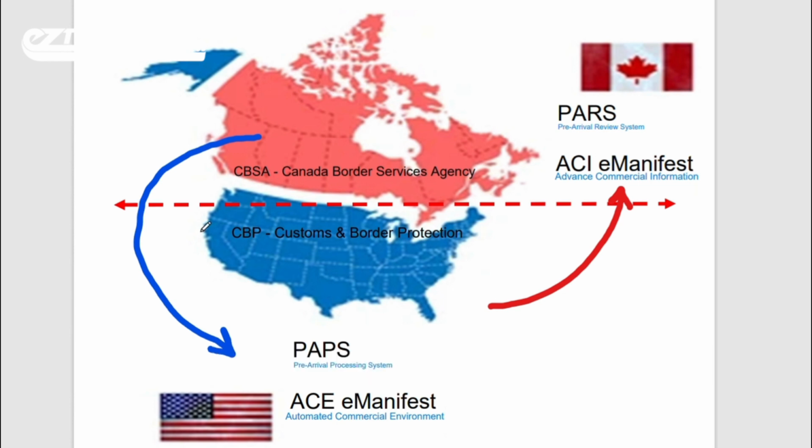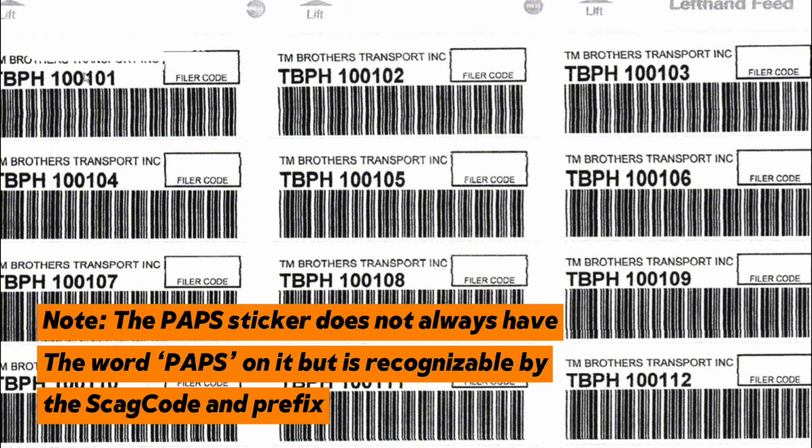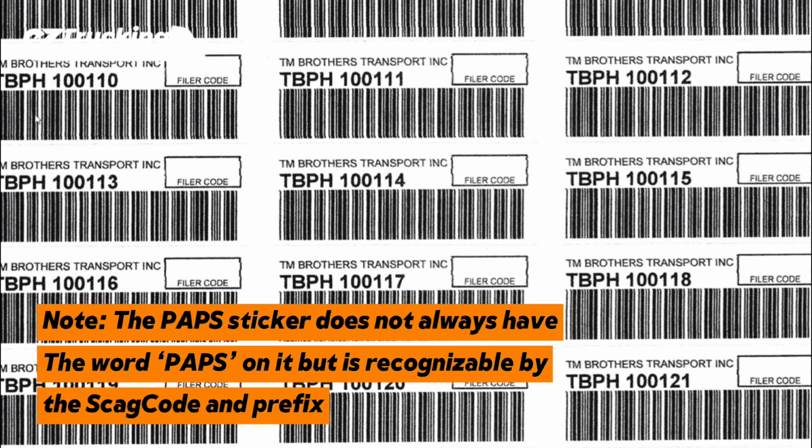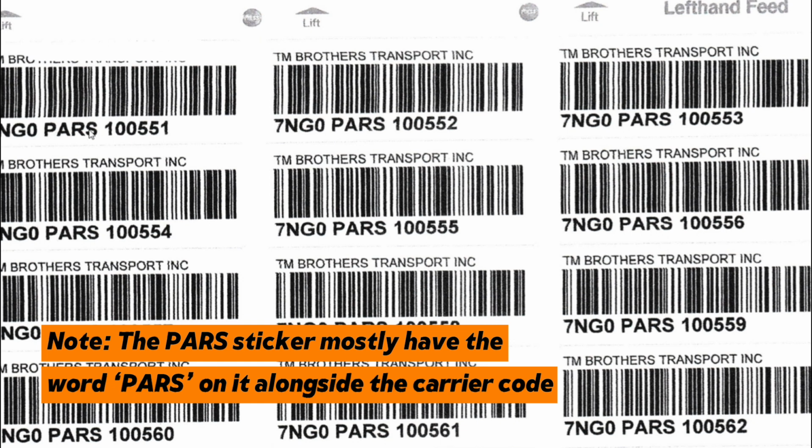So these are general information about why we use PAPS and where we use PARS. This is the PAPS. You can see there's nothing mentioned as PAPS. It's just the SCAC code, which depends, each company is different. And this is the PARS, which most of the time has the word PARS on it.